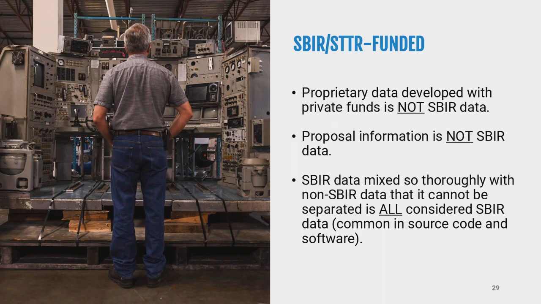Proposal information is not SBIR data, and then there's this description in the SBIR directive that if SBIR data is mixed so thoroughly with non-SBIR data that it cannot be separated, it is all considered SBIR data. This is common in source code and software innovations as well. So that's something to think about.